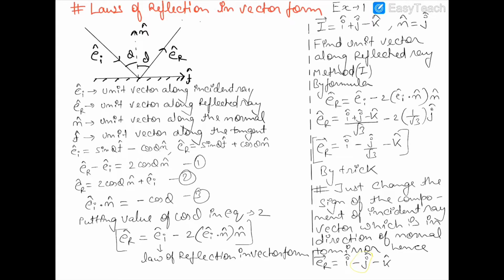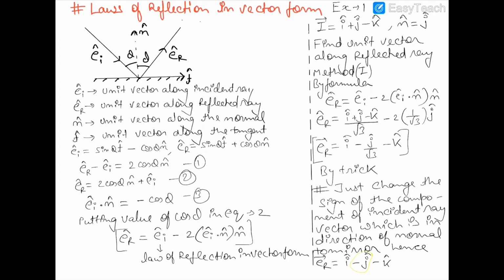You can see that there is a plane mirror, and there is a normal to the mirror. The normal is denoted by n cap, a unit vector, and the mirror is denoted by a tangential unit vector t cap.